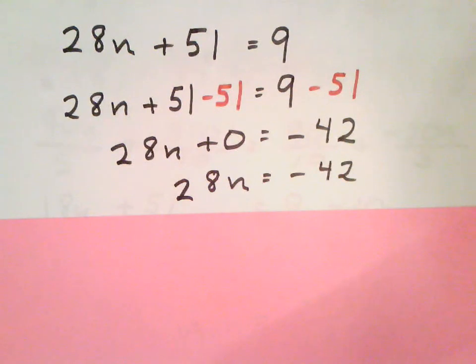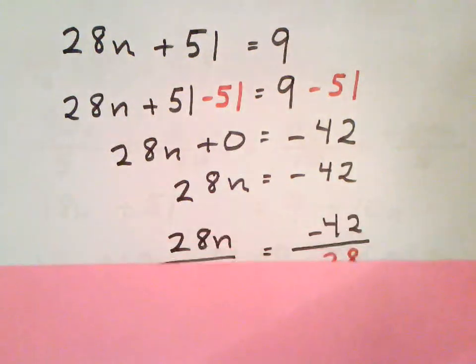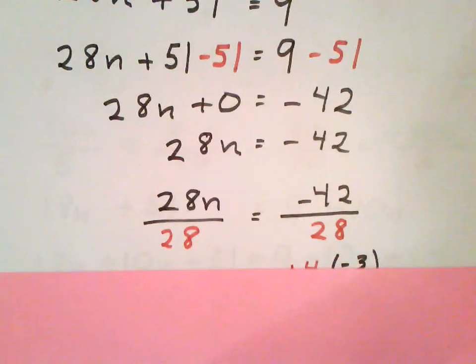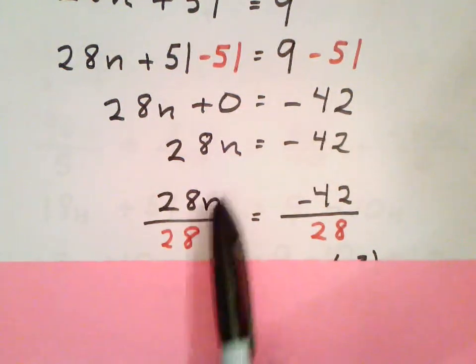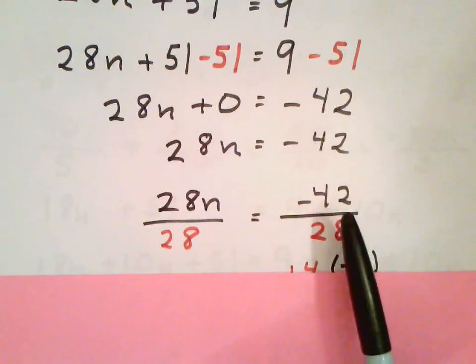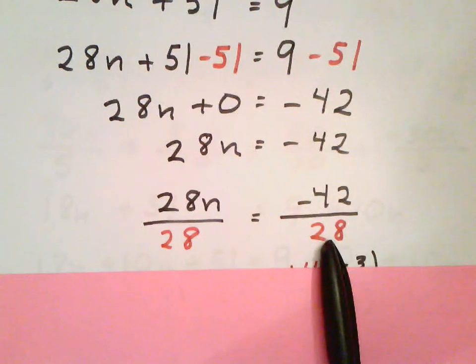We're looking for a positive 1n, so we're going to divide each side by 28. When we divide each side by 28, you see 28 going into 28 once, so these are going to cancel out. And then we're going to have negative 42 divided by 28.